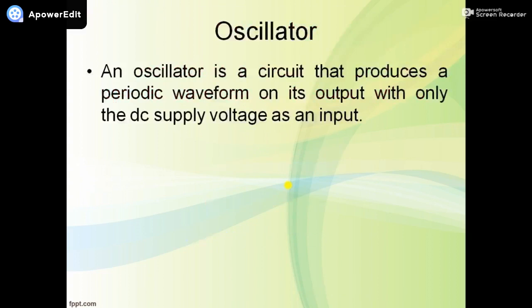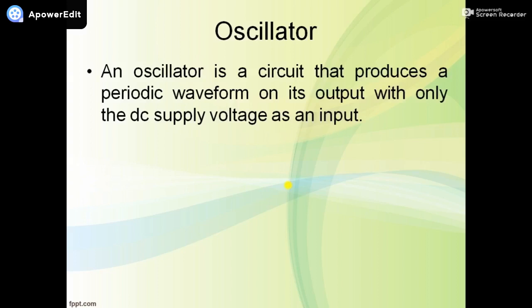An oscillator is a circuit that produces periodic waveforms, or oscillations, at its output stage without any input signal, applying only the DC supply voltage.